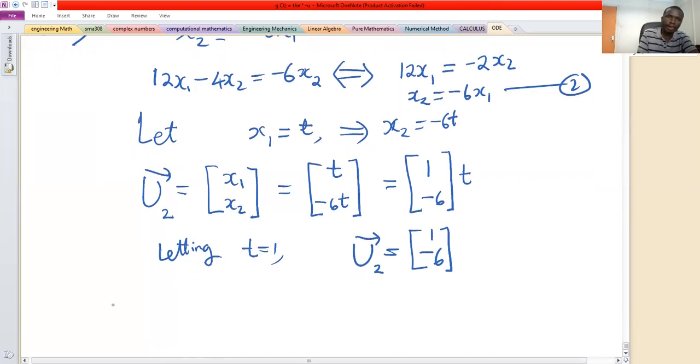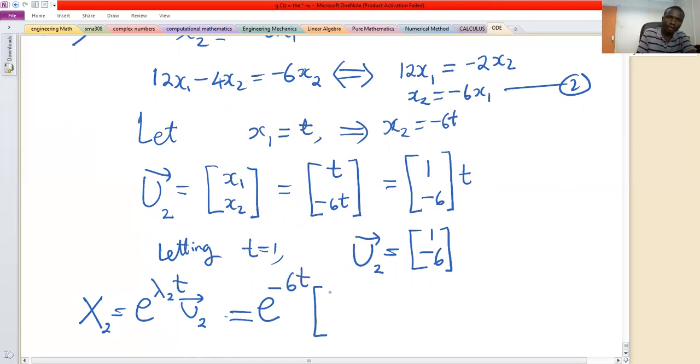And since x2 is given by e raised to the power lambda 2 t times U2, this will equal e raised to minus 6t, and then you multiply by (1, -6). So I have gotten the eigenvalues, eigenvectors, and the solutions x1 and x2.